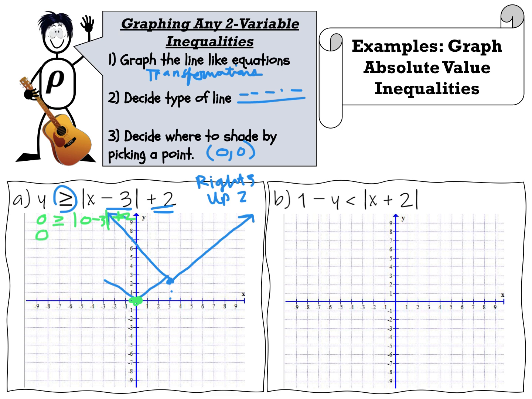So we have 0 is greater than or equal to 3 plus 2, which is 5. 0 greater than or equal to 5 is a false statement. Because this is a false statement, I'm going to shade on the other side of the line, so that means inside the V.